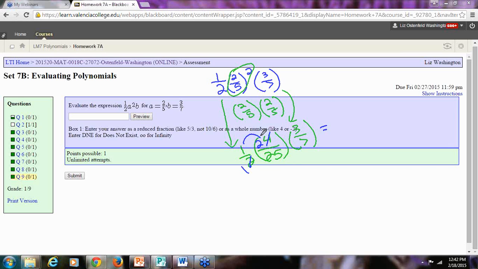I got 1 times 2, which is 2, times 3, which is 6. 1 times 25, which is 25, and 25 times 7, which is 175. And 175 is really only divisible by numbers ending in 5. 6 doesn't, so that should be my final answer.